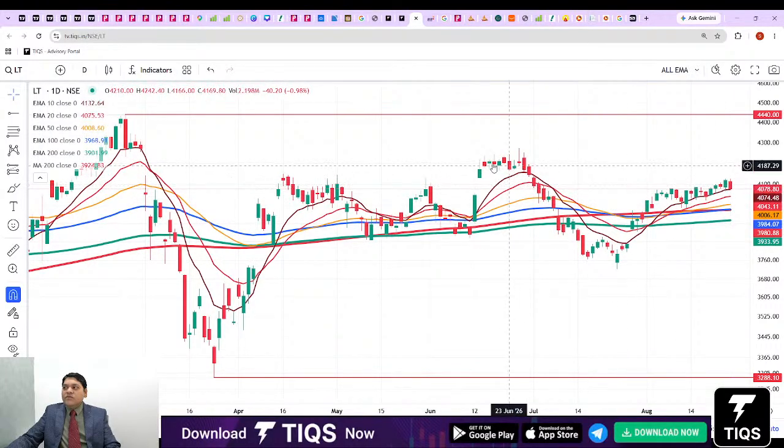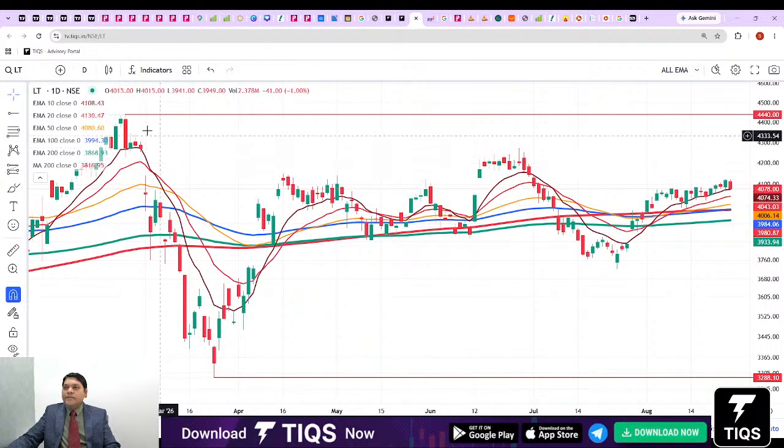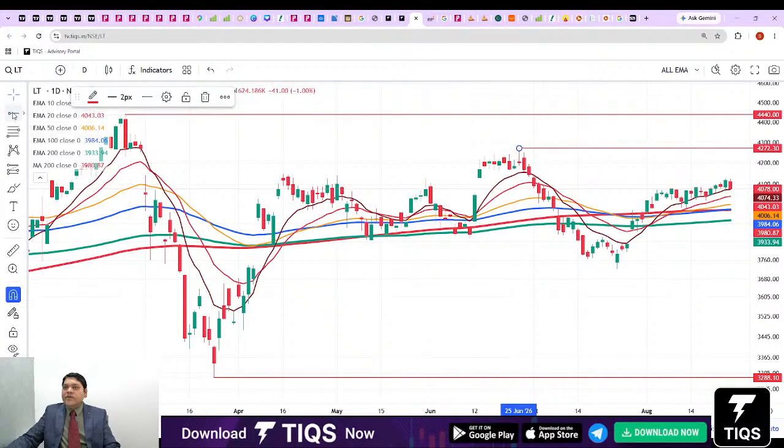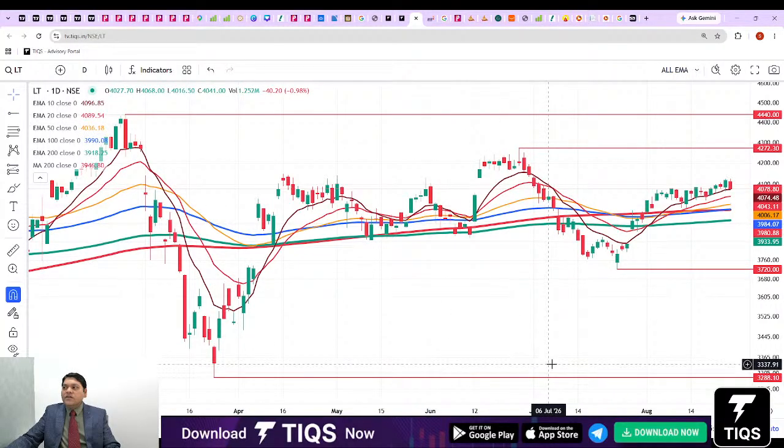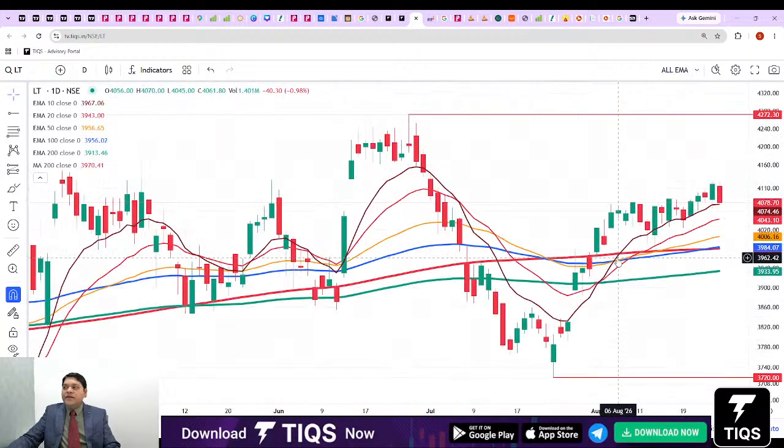Now we haven't crossed these intermediate highs or intermediate lows. So in a bigger structure, we are in a very small structure and stuck between these two, 4272 and 3720. This is the medium term trend analysis.